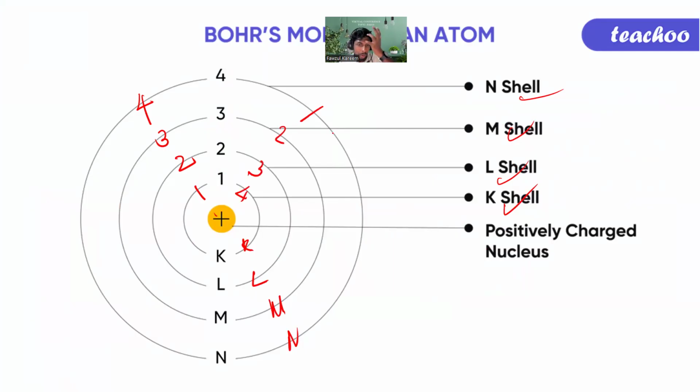No, that is wrong. From the nucleus we want to name 1, 2, 3, 4 or K, L, M, N, from the nucleus to the outside of the atom. Is it clear? It has to go from the nucleus of the atom outwards.